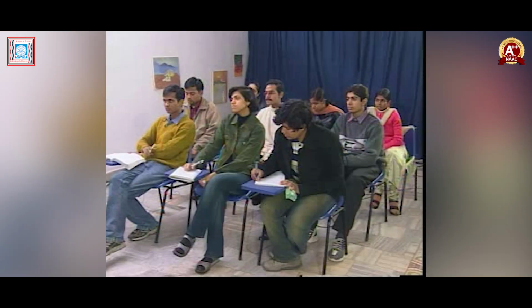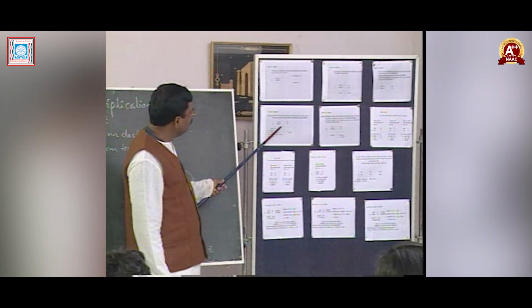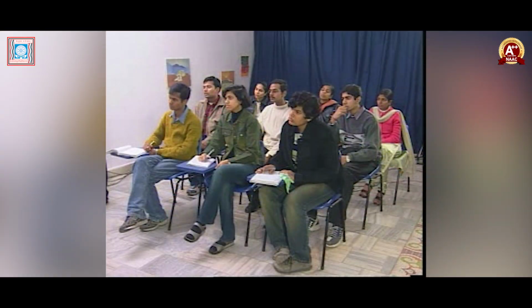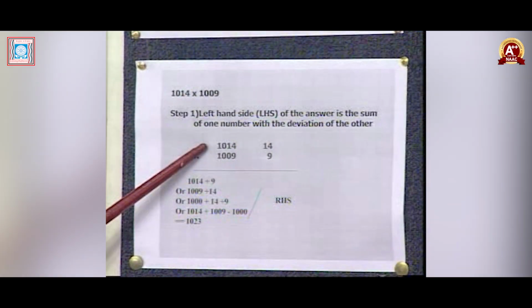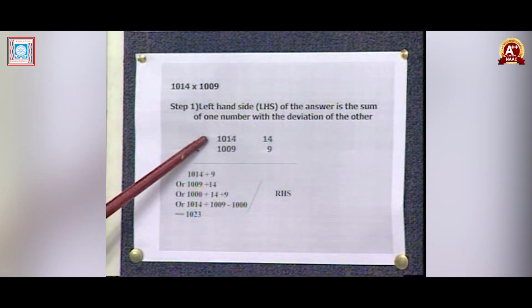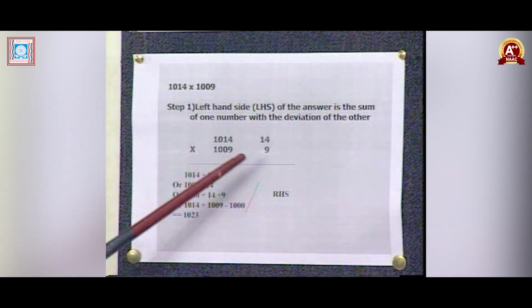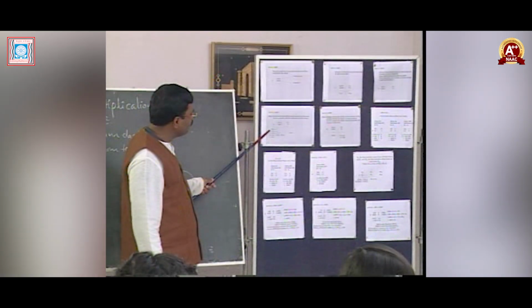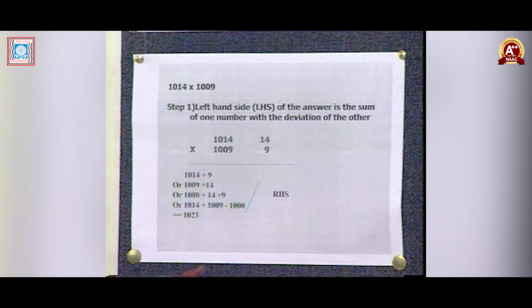To get the left part of your answer, you add the other deviation to the single number. If you consider 1014 as your selected number, 1014 plus the other deviation, 9, you will get 1023.